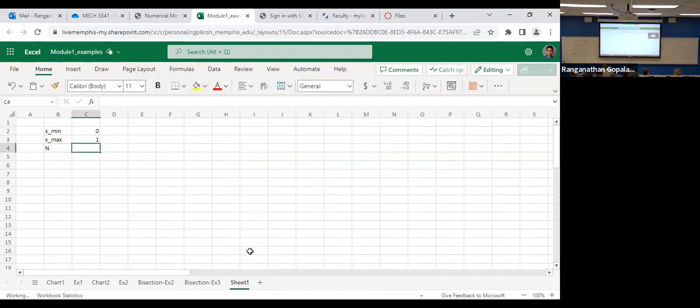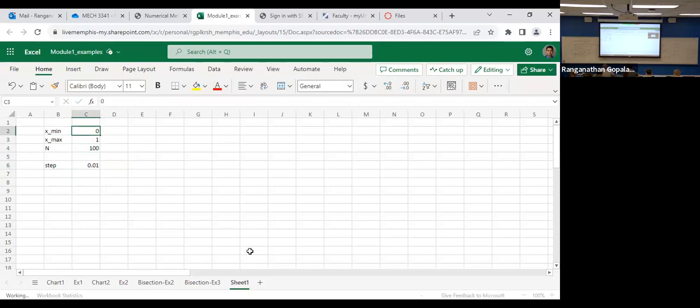I'll say n equals 100. Based on this, a step length is X maximum minus X minimum divided by number of steps. Type this up: min, max, number of steps, and then step length or resolution.